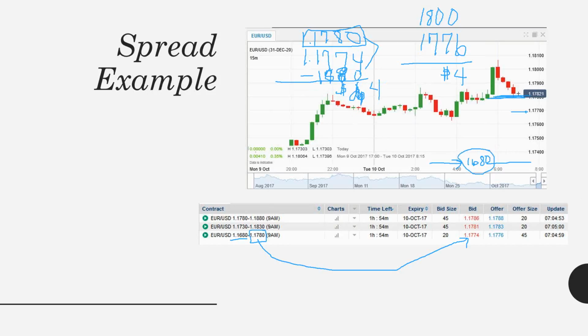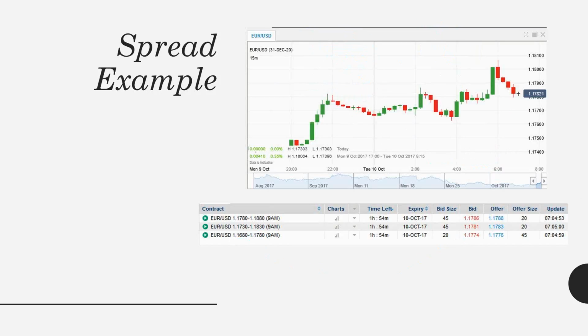You could go in with $10 of risk, but actually only lose $2, or you could actually make the full width of the spread, depending on how the market moves. And sometimes when you're looking at it from a risk to reward ratio, the spread is going to give you the better risk to reward ratio.